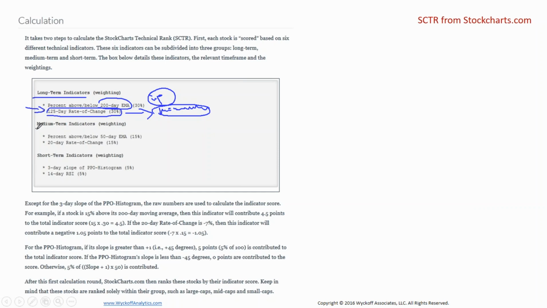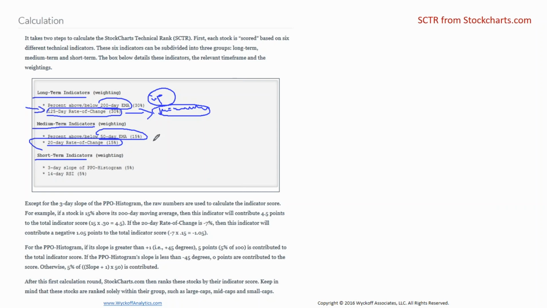And then what's amazing about this tool is that it combines different time frames. Then it goes into the medium-term indicators and then short-term indicators, and basically discusses the same idea, the idea of the trend above the 50 moving average, an idea of the momentum, that the price is actually moving, because a lot of the stocks are just going to be not moving during the periods of the consolidation.